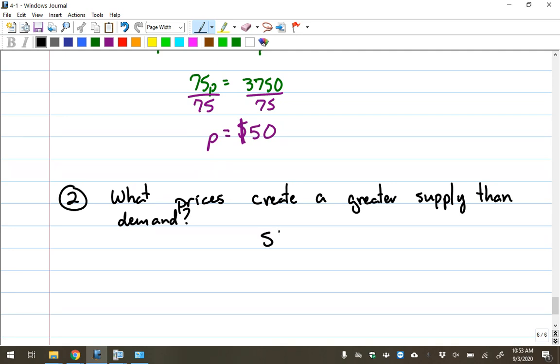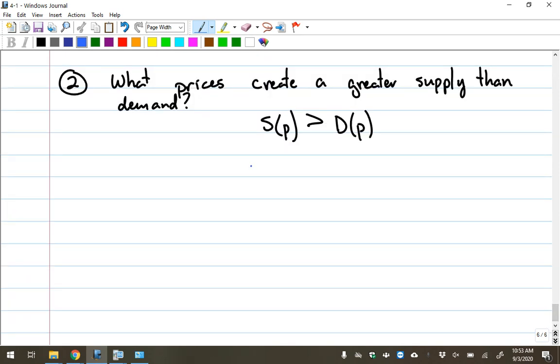So that means, where is S of P greater than D of P? Where is supply greater than demand? If we set that up equation or inequality wise, we'd have 60p minus 900 greater than negative 15p plus 2850. Isn't that the exact same thing I just solved?